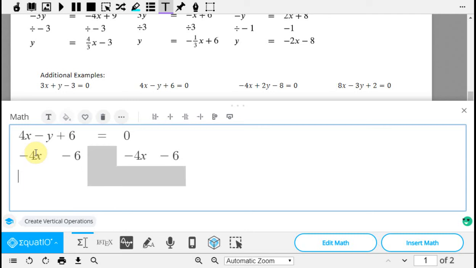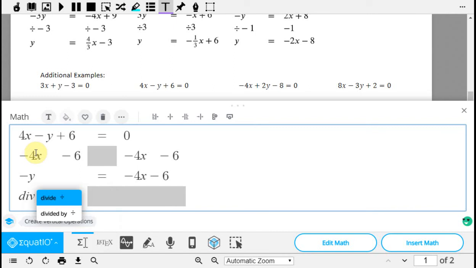What that leaves us with is minus y is equal to, we started with 0, so it's just minus 4x minus 6. Last step, we do have a coefficient other than positive 1 in front of that y. It's negative 1. So we need to divide both sides by negative 1.